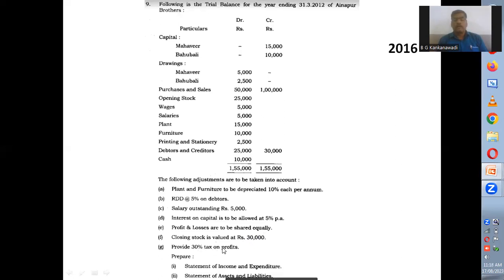Then provide 30% tax on profit. Whatever profit before tax comes, you calculate 30% tax on it, and the same amount you take on the liability side under the head provision for income tax. Like that you have to complete the statement. Now you see the solution.